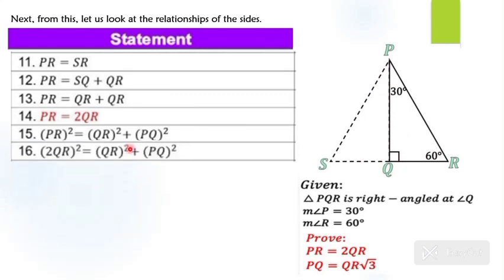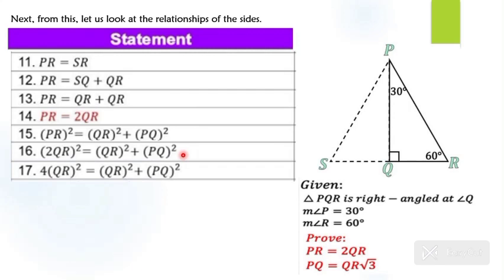So, in number 16, using this substitution property, since we know that our PR here is just equal to 2QR, then we could say that our 2QR squared is equal to our QR squared plus PQ squared.